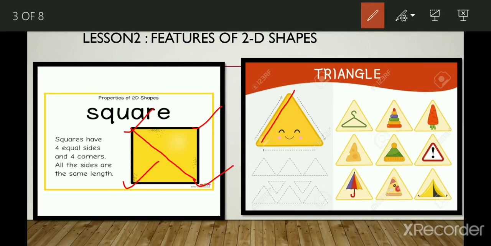Side number 1, side number 2 and side number 3. So 1, 2 and 3 sides of a triangle. And what about the corners? Yes, there are 3 corners. Corner number 1, corner number 2 and corner number 3.